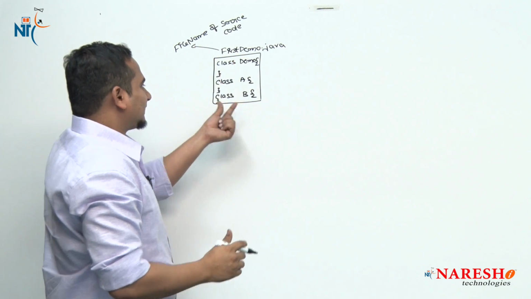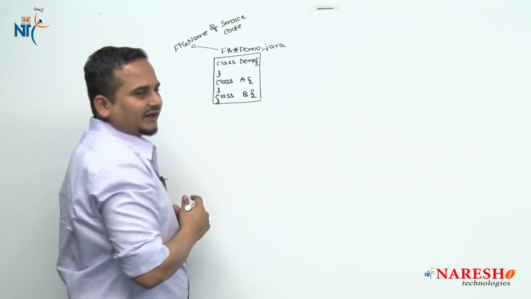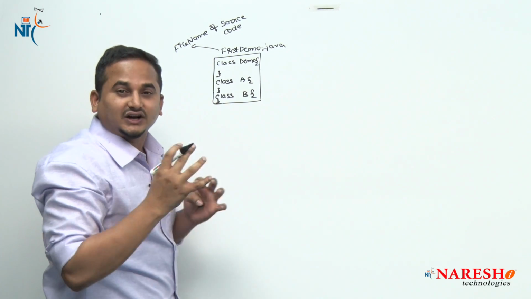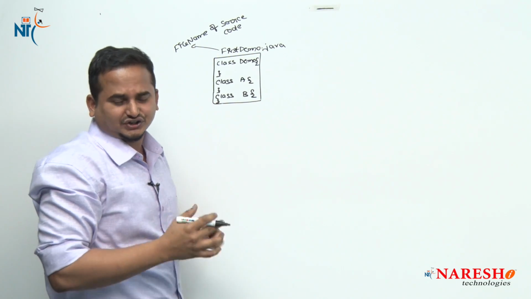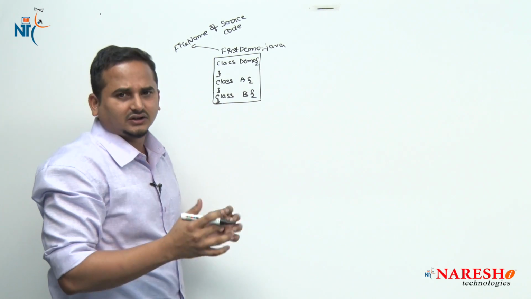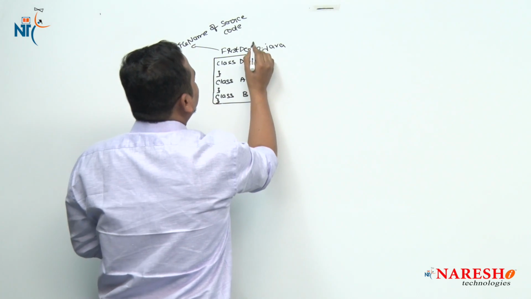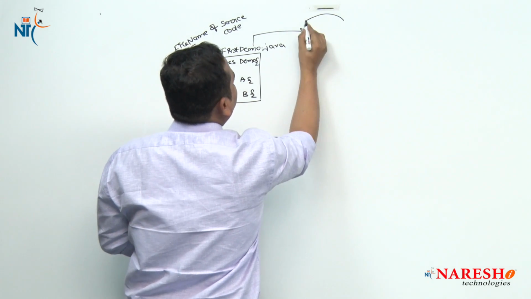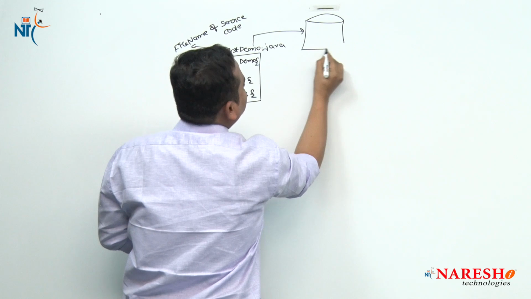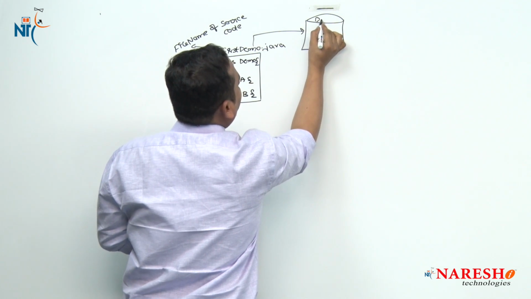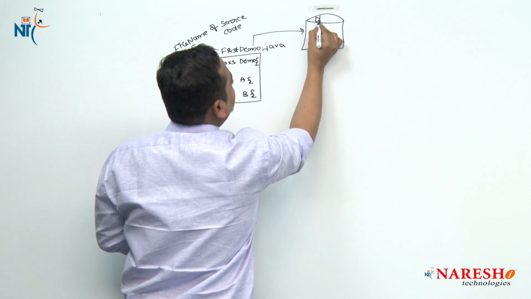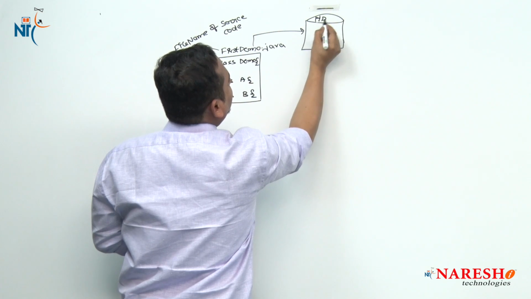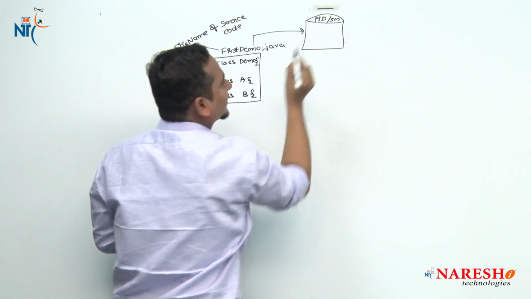Now once we save the file, definitely that will be saved where? In our machine. Machine means here the hard disk. Now let me save this file. Once we save this, the file is going to be saved in the hard disk. This is the hard disk, or we can also call it what here?